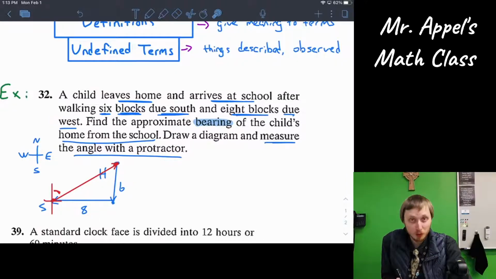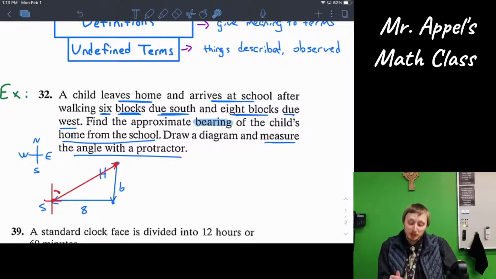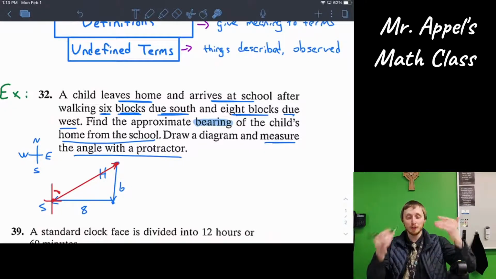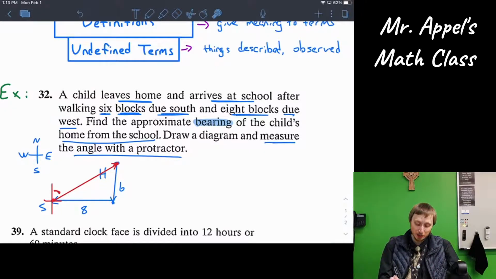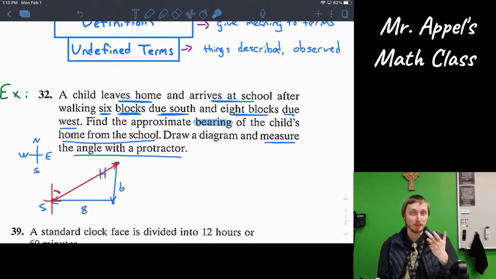There is no reason to believe that the length of this line has any relationship to the number 6, and even less relationship between 6 versus 8. The same relationship between the numbers 6 and 8 should be the relationship of length between this segment and that segment. How can I guarantee that? I need to draw them appropriately. I need to measure them.